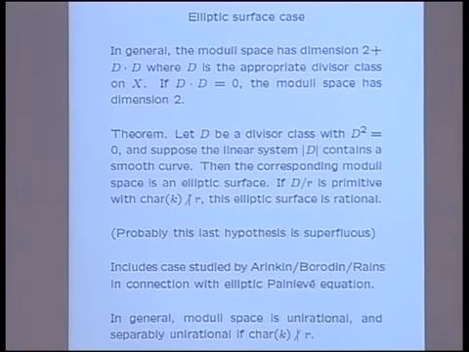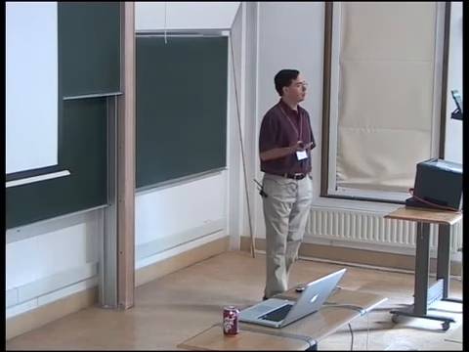Okay, and then finally, the two-dimensional case. So in general, there's a formula for the dimension, and there's this very nice condition that the self-intersection is 0 corresponding to dimension 2. So if you have this dimension 2 condition and a technical condition about having at least one smooth curve as a possible support, then the moduli space is always an elliptic surface.